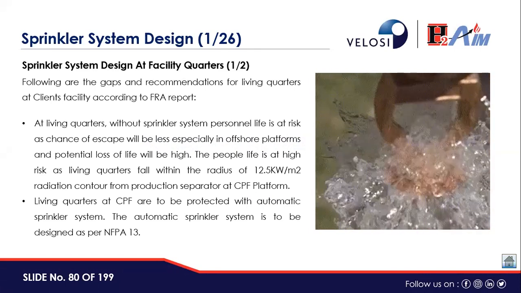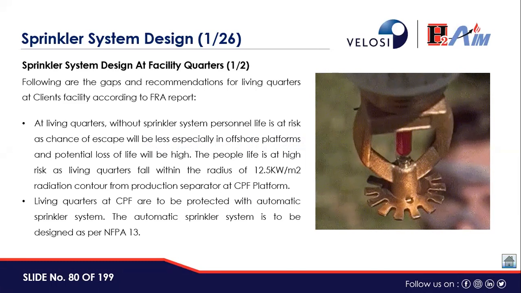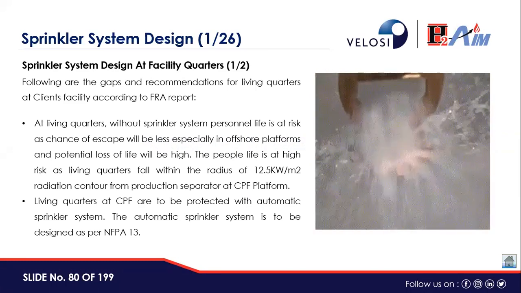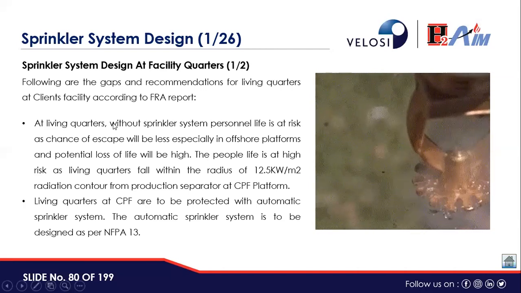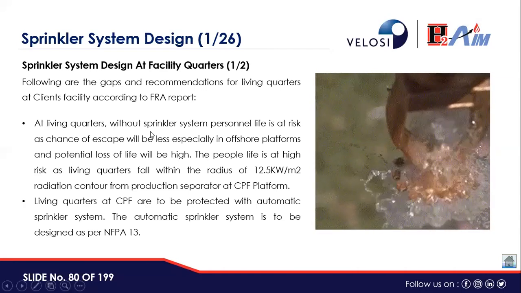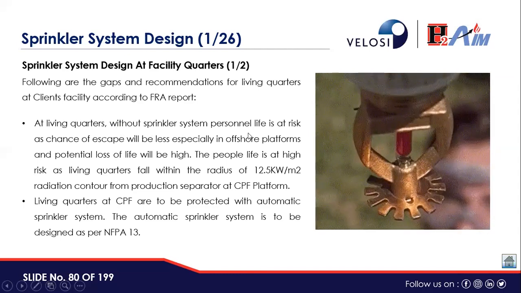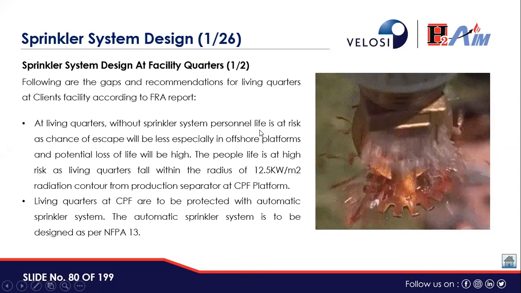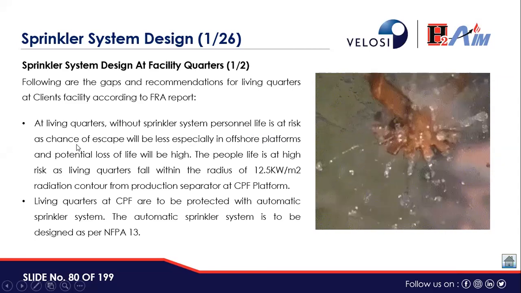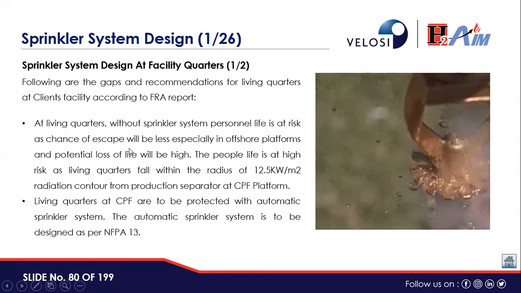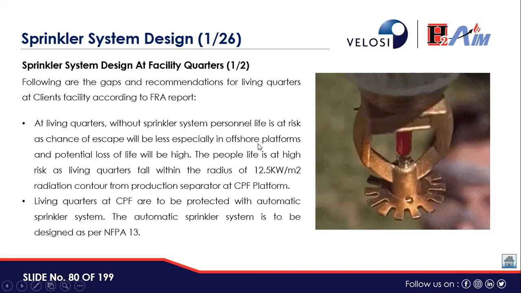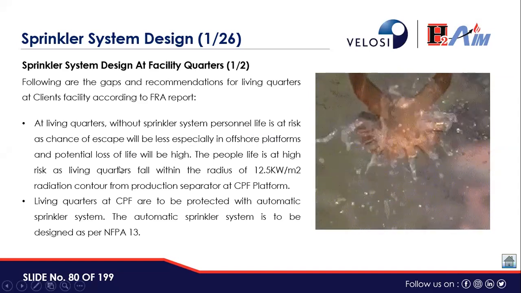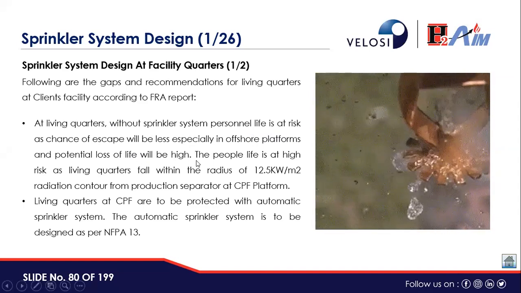Basically, there were some gaps and recommendations identified in the RFA report. At the living quarters, which were without a sprinkler system, the life of personnel is at risk, as the chance of escape will be less, especially on offshore platforms. The potential loss of life will be high.